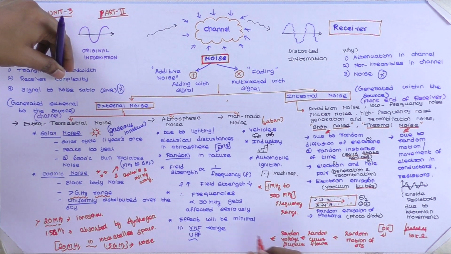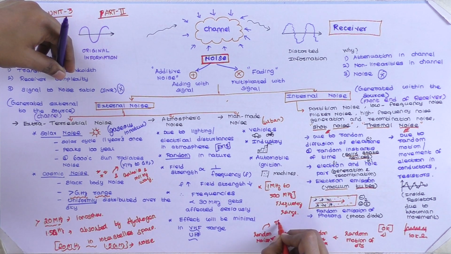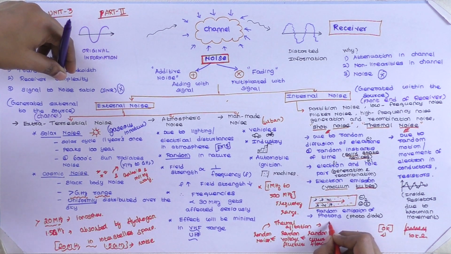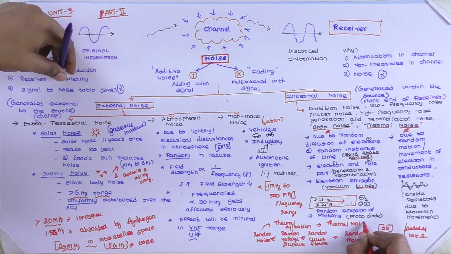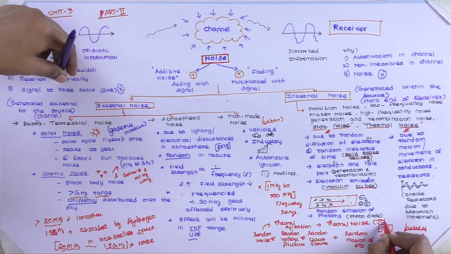This random voltage fluctuation will create a noise. This type of noise generated due to thermal agitation is referred to as thermal noise. Thermal noise is also referred to as Johnson noise.